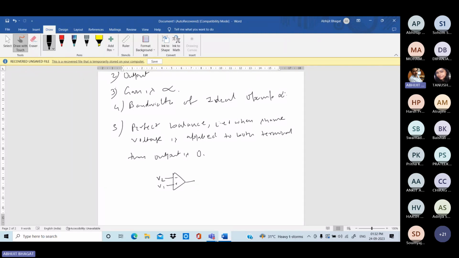Across the output, you are getting V0, and V0 equals A into (V1 minus V2), the difference. Now, when V1 and V2 are the same, both are equal, then V1 minus V2 is equal to 0. If both voltages are the same, then A into 0 is equal to 0.